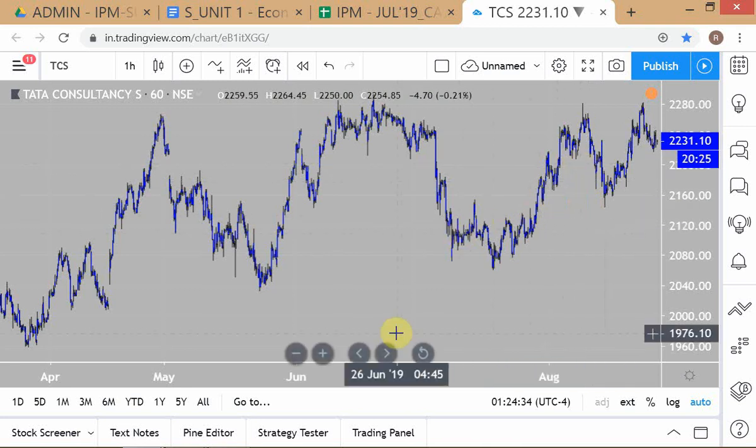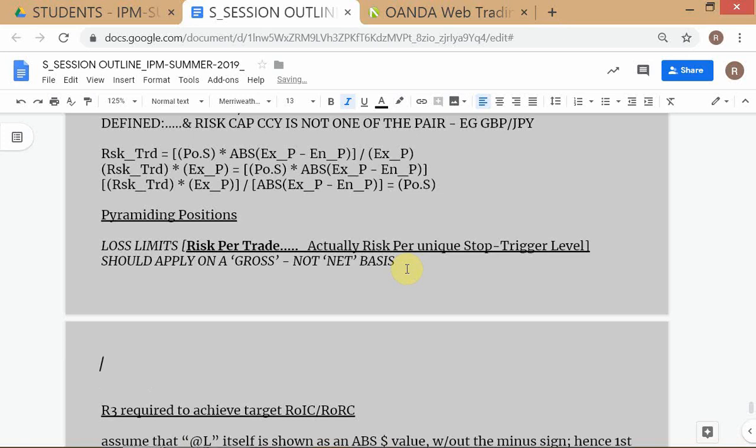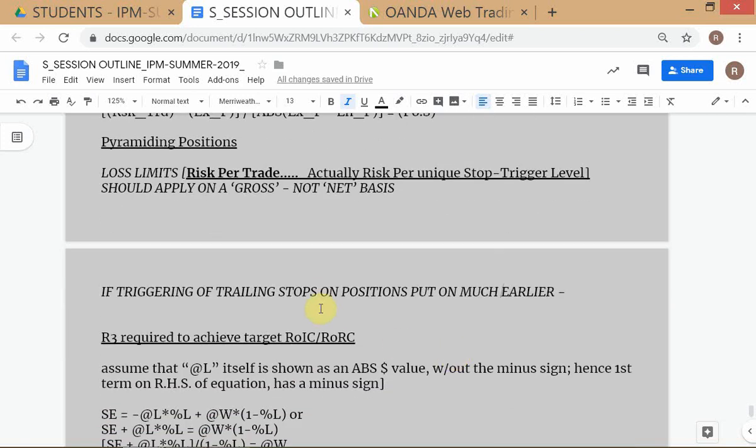For instance, here when we are talking about this part, let's cover this. If the triggering of trailing stops on positions put on much earlier.